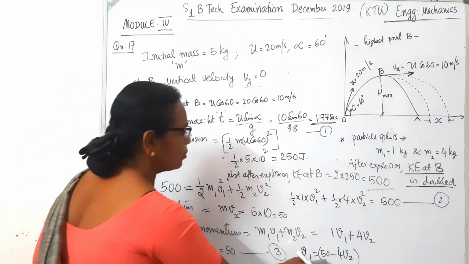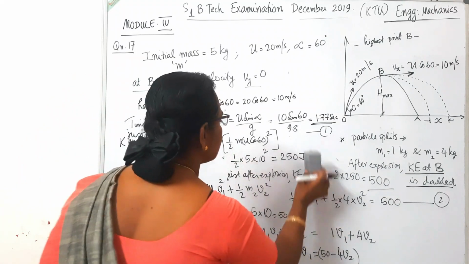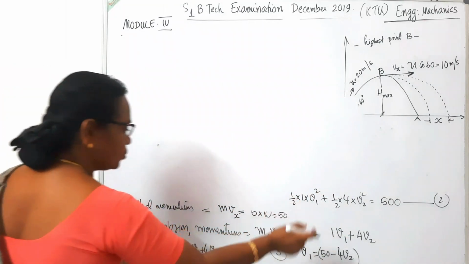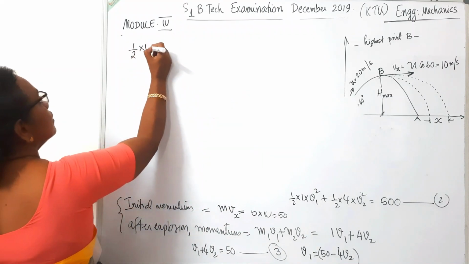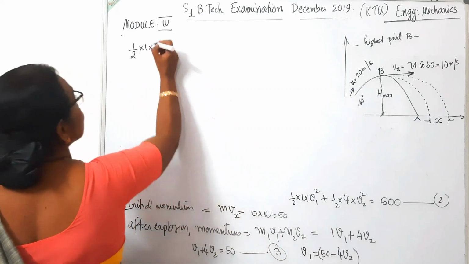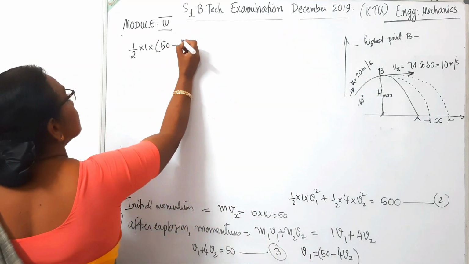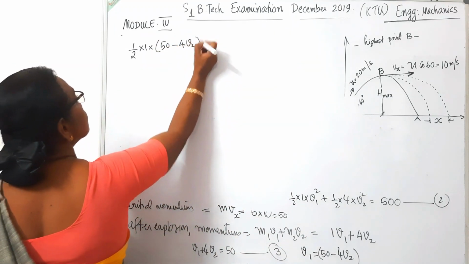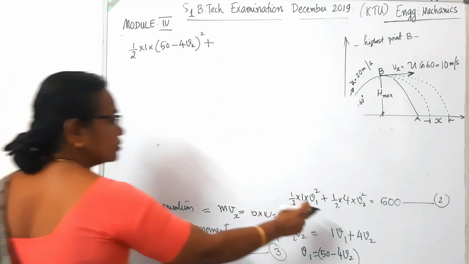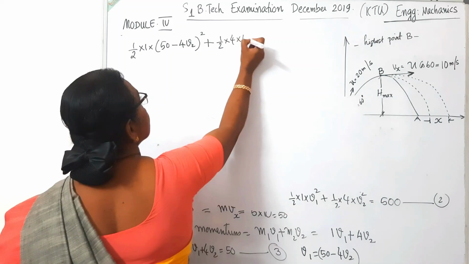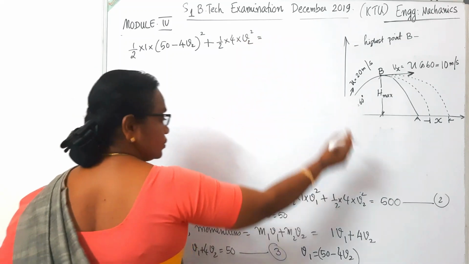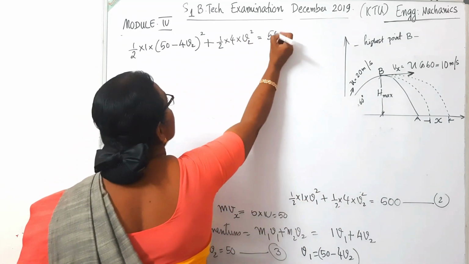Now substitute this v1 in equation 2: half into 1 into (50 minus 4 v2) the whole square plus half m v2 square is equal to 500.